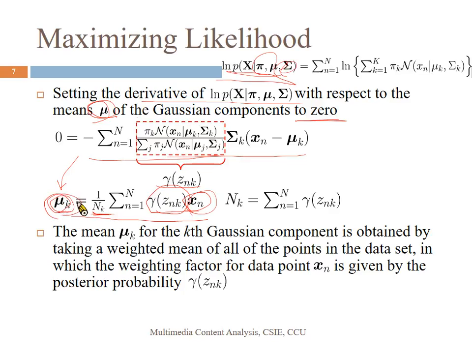This is what we do to update the mean of the k-th Gaussian component, where N_k is the summation of all gamma(z_nk). So the mean mu_k for the k-th Gaussian component is obtained by taking the weighted mean of all the points in the dataset, in which the weighting factor is given by the posterior probability gamma(z_nk).